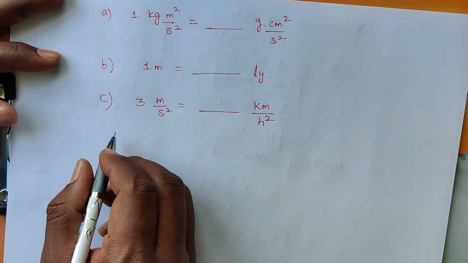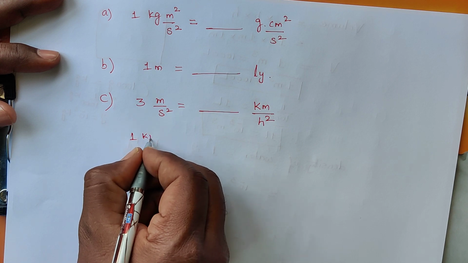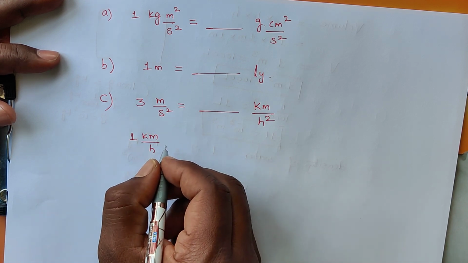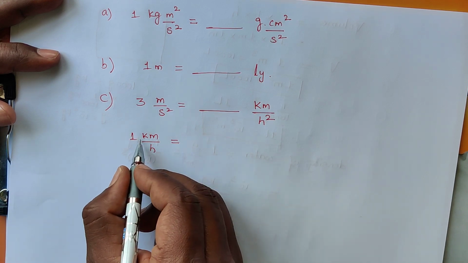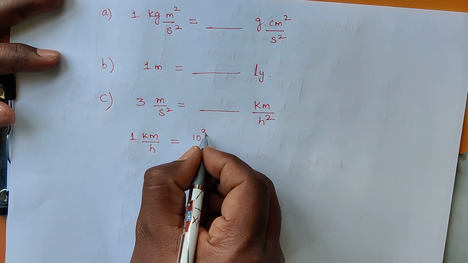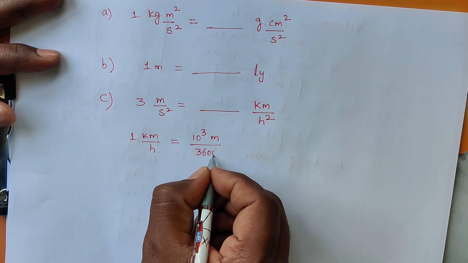I would like to explain one more factor here. 1 kilometer per hour. Convert this into SI system of units, that is meter per second. 1 kilometer per hour equal to 1 kilo. Kilo is nothing but 10 to the power of 3 meters divided by 1 hour equal to how many seconds? 3600 seconds.